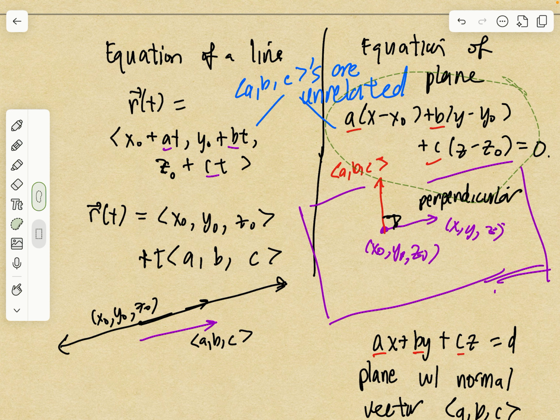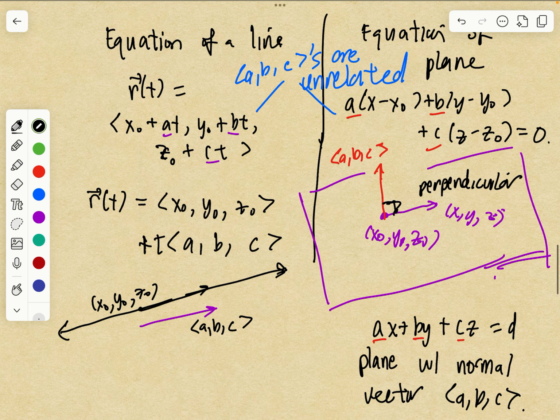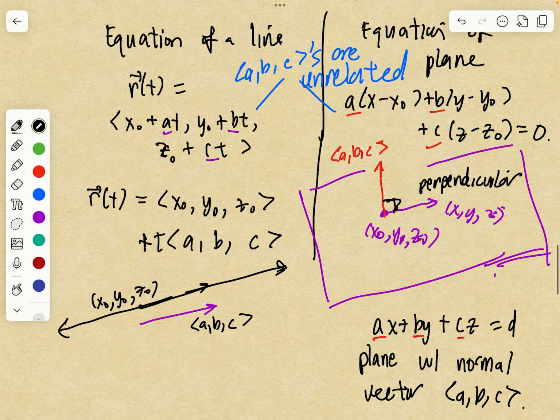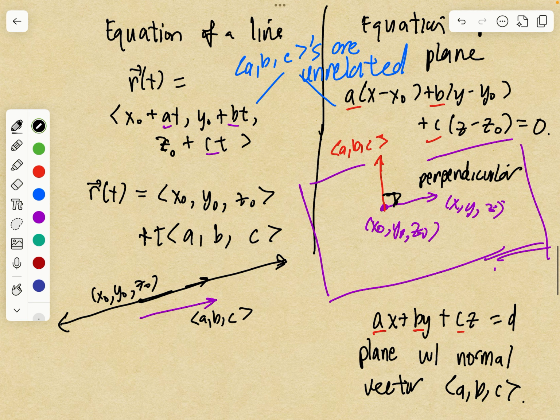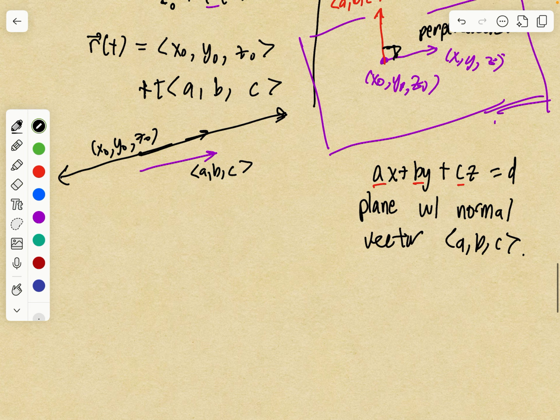This is an equation where if you look at all the x, y's, and z's that satisfy this equation, you get this plane. So don't think that they are somehow related. You should think of these as completely separate things and not get hung up on the letters.